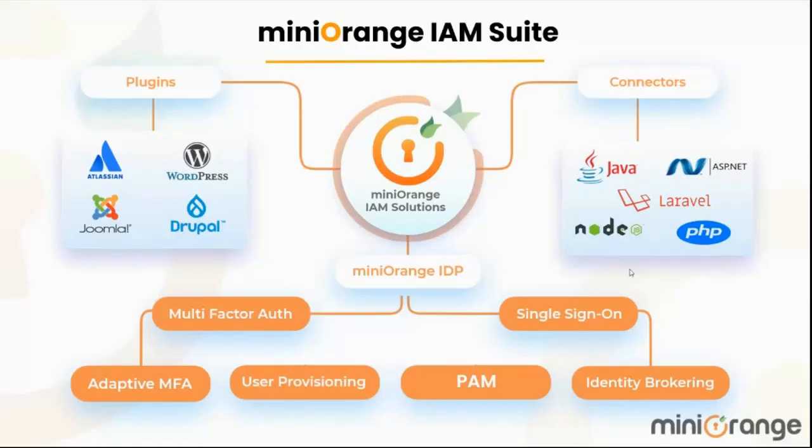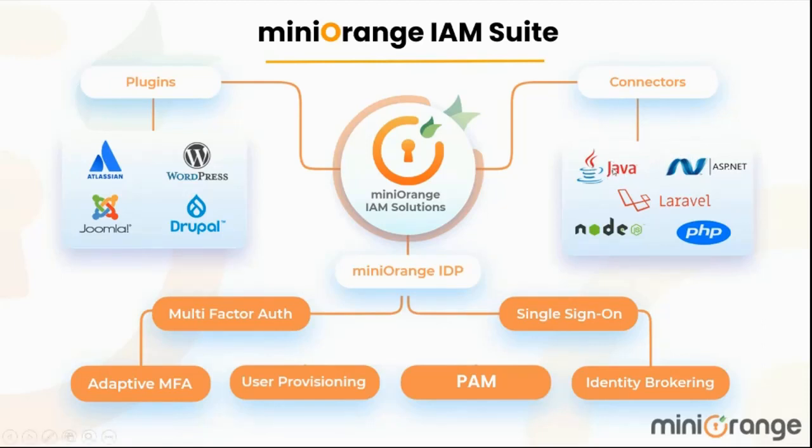So this is the miniOrange identity and access management suite. We have single sign-on and multi-factor authentication plugins for marketplaces like Atlassian, WordPress, Joomla, and Drupal. We also have SSO and MFA connectors for any application, whether built in-house or by a third party. The moment we know the technology stack of that particular application, we have a connector.